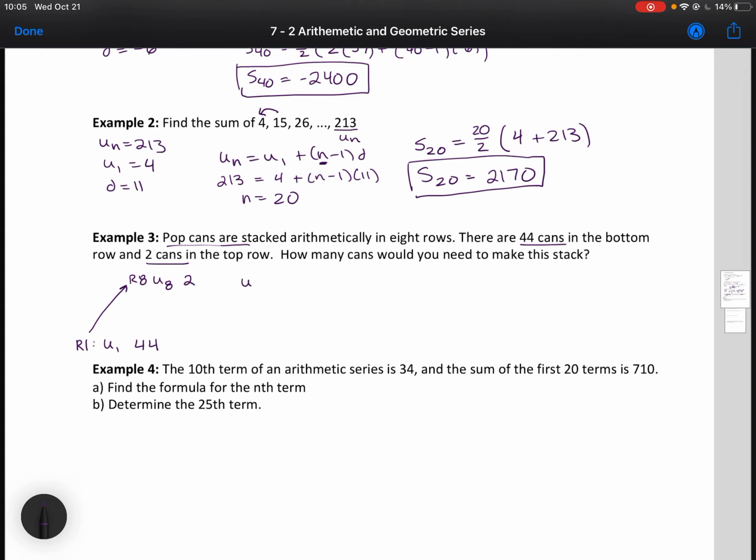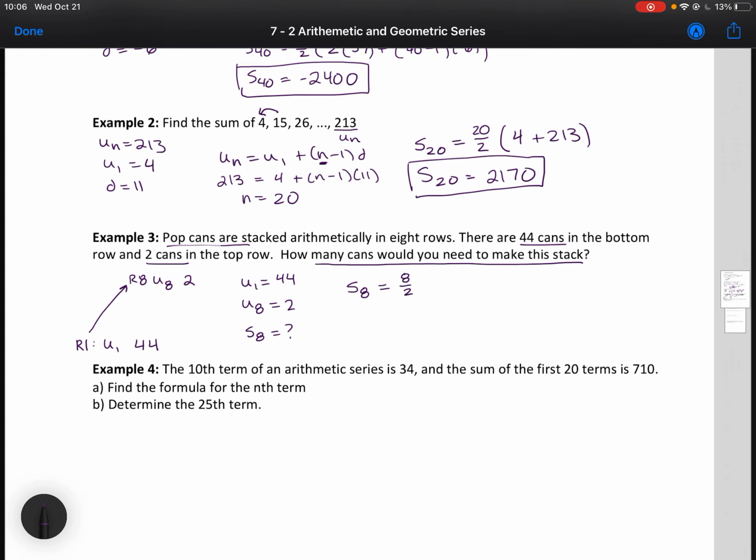So now the items that I know are my first term is 44 and my 8th term is 2. What I need to know is the sum of those first 8 terms, because that's going to tell me how many cans I would need to make this stack. In order to do that, I can use my second formula, combining the first term and the nth term. In this case, I'm going to use the first term and the 8th term.